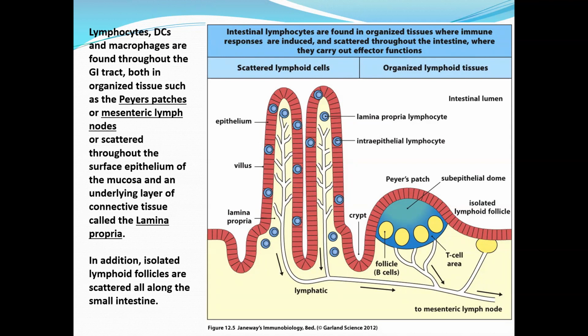They predominantly produce IgA. And then also an important feature of this gut-associated lymphoid system are these T cells, which are within this epithelial barrier, this mucosal barrier. These are known as intraepithelial lymphocytes.